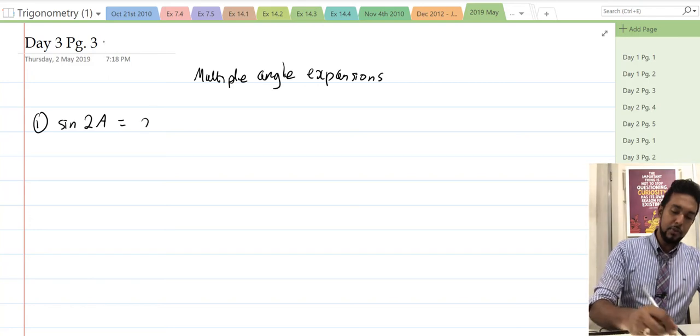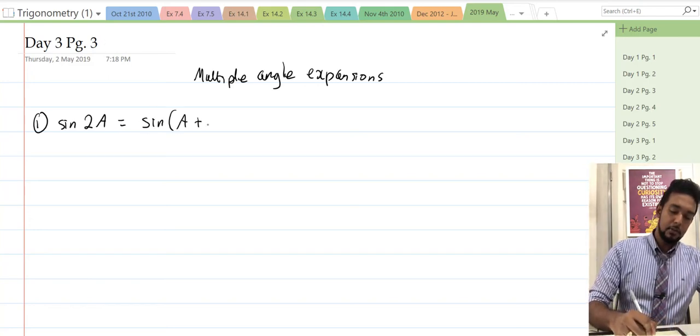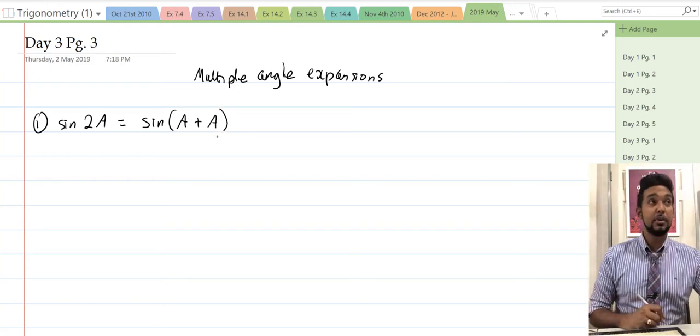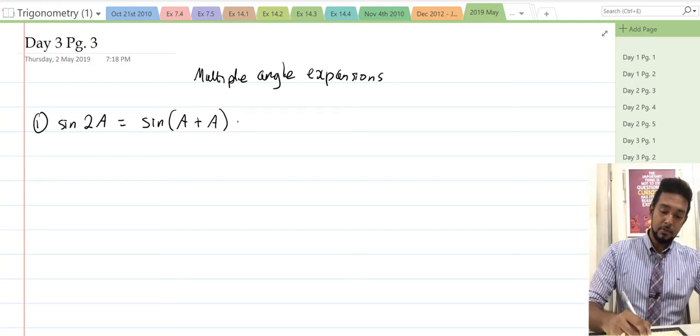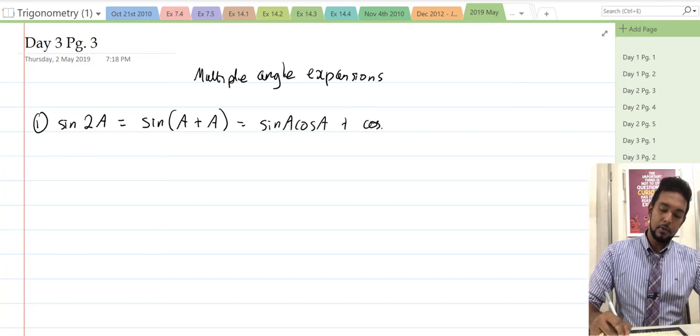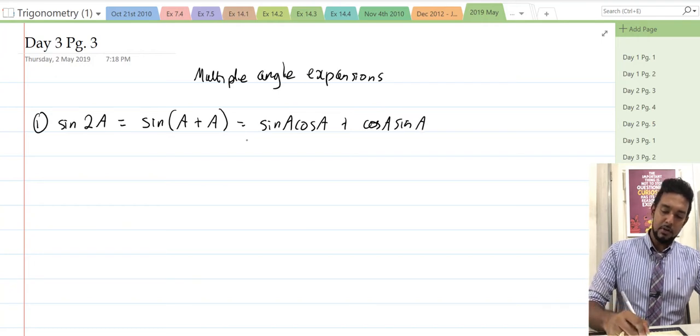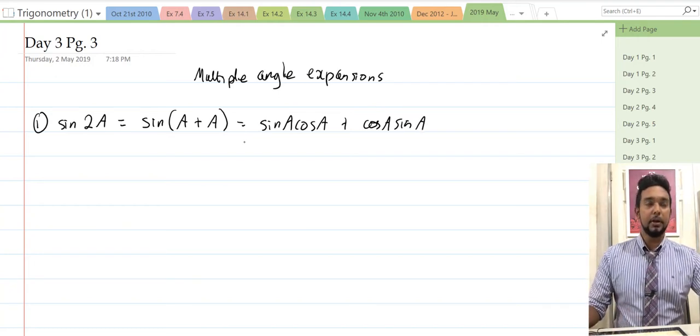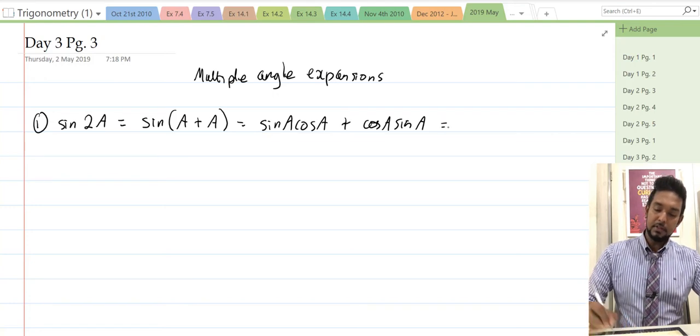Now how do we get 2A? 2A is simply A plus A. So if we use our expansion for sine of A plus B, we get sine A cos A plus cos A sine A. Now sine A cos A and cos A sine A is the same thing, and if you add something to itself, you have 2 of that item. So this would be 2 sine A cos A.